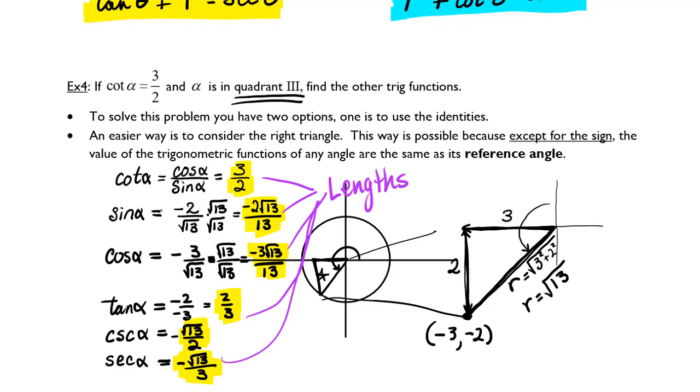It's important to keep track of the difference between an angle, which we don't know. We could find it. We'll find it later, but we have not been given an angle. We've just been given the ratio of the sides of the triangle in the third quadrant.